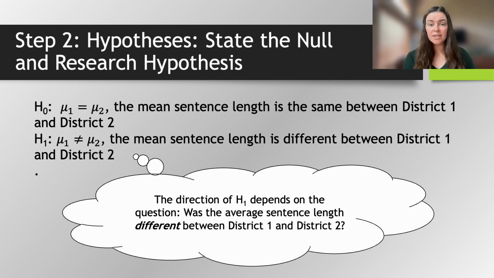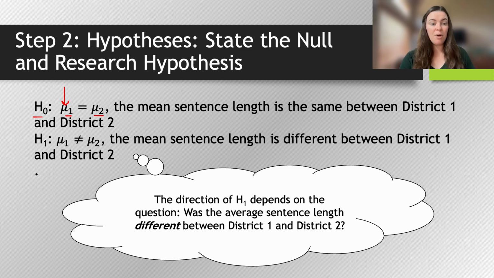Our second step is to state our null and research hypotheses. These will look very similar to what we did in terms of format for a two-sample test for proportions. The key difference here is we've switched back to our symbol for means, which is mu. We're using the same subscripts to designate each respective group, so group 1 and group 2. We'll have District 1 be group 1 in this case, and our second group will be District 2.